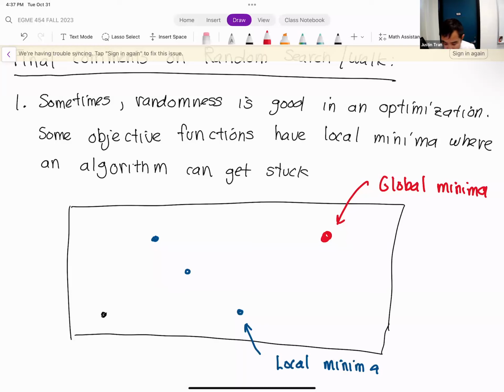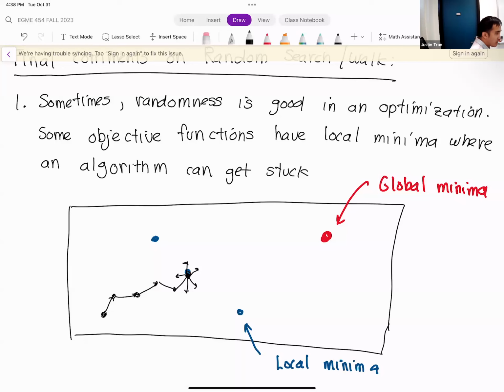Okay. So let's say that you're running a walk algorithm like this, and you're progressing, but then you get stuck in this local minimum. Think about how a random walk works. We're at this point right here, checking directions, checking all these points. You may have a situation where all those points that you check are less optimal than our current one.